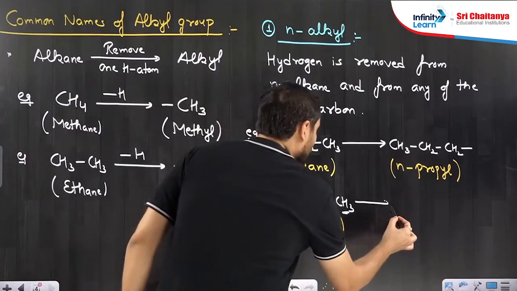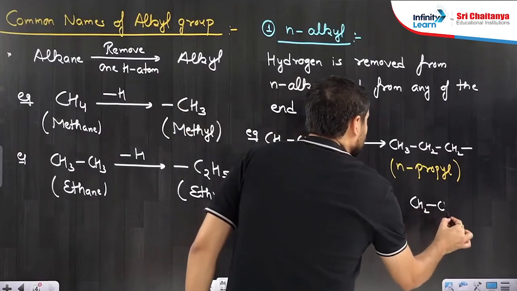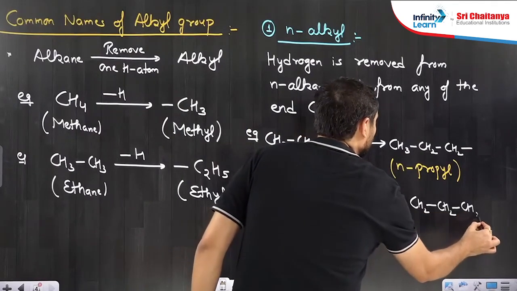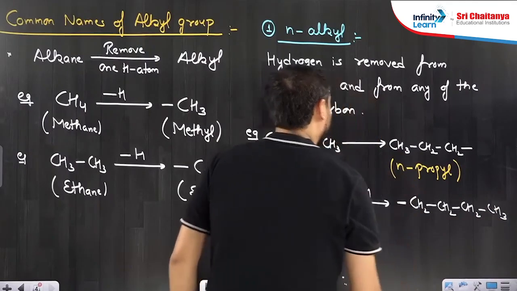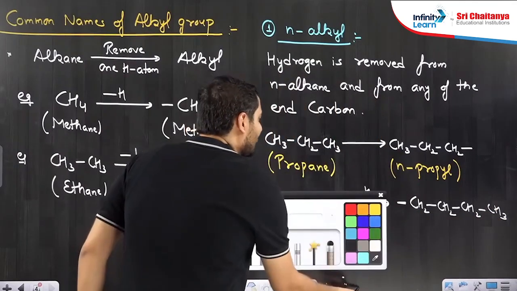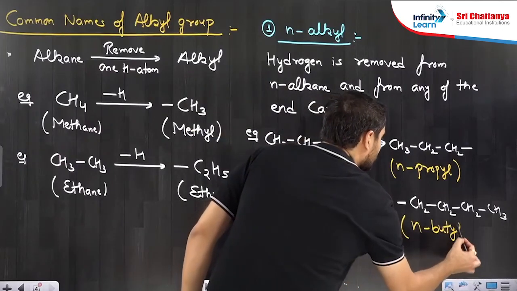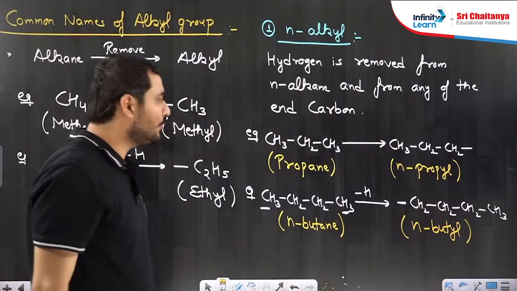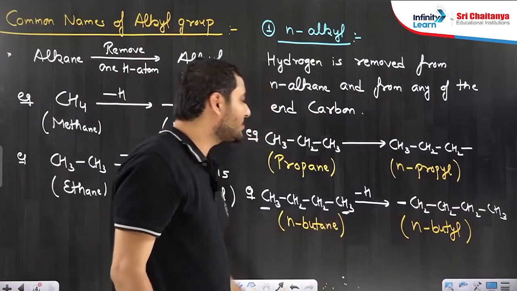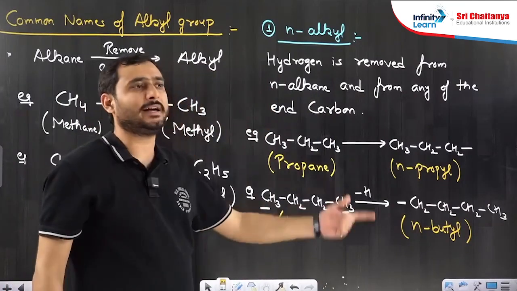So remove one hydrogen, minus H. What we get is CH2, CH2, CH2, CH3. From here one hydrogen is removed, so one valency is vacant. This will be the structure for which group? Normal butyl. Clear? So what is the meaning of normal butyl? One hydrogen is removed from normal butane and from any of the end carbon.